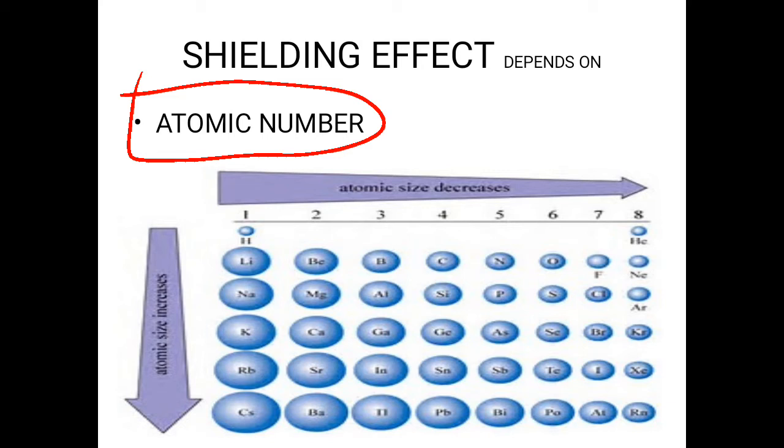Now first we will revise the trend of atomic size. We know that going down a group, atoms increase in size, but moving across the same period, atoms are getting smaller in size, meaning the atomic size is decreasing.